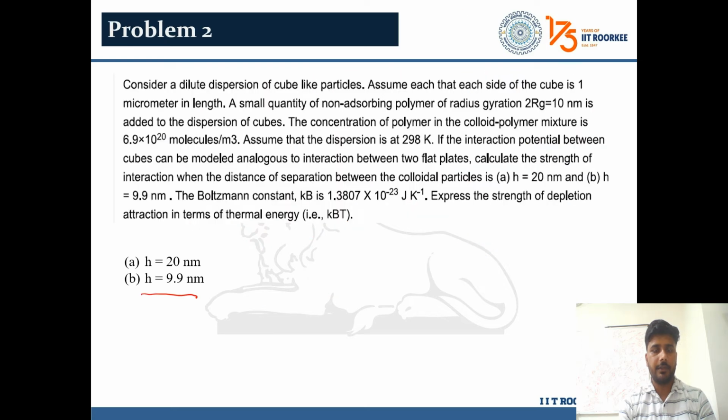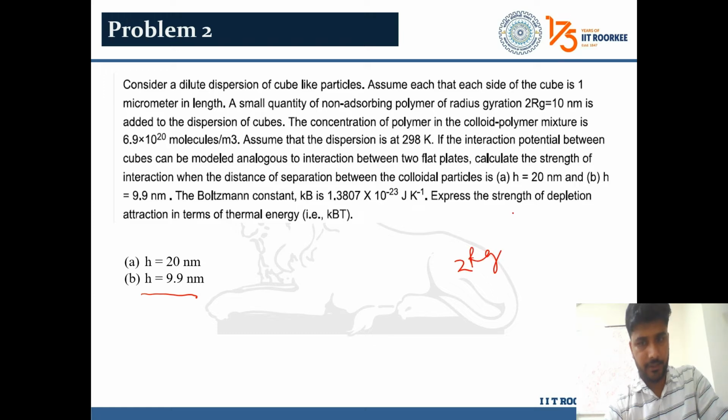The next question is: consider a dilute dispersion of cube-like particles. Assume that each side of the cube is 1 micrometer or 1000 nanometer. A small quantity of non-adsorbing polymer with radius of gyration, 2 Rg, of 10 nanometer is given, and the concentration of polymer, or you can say the number density, is 20 molecules per meter cube.